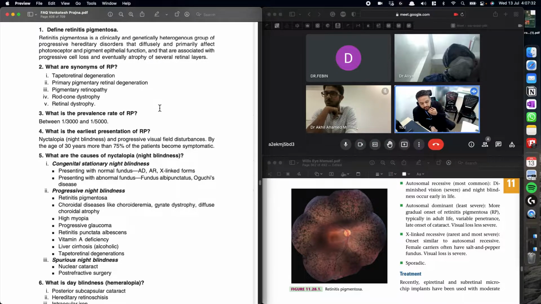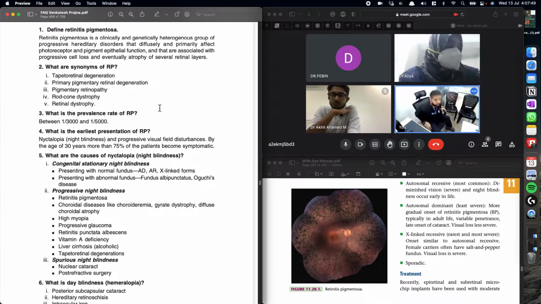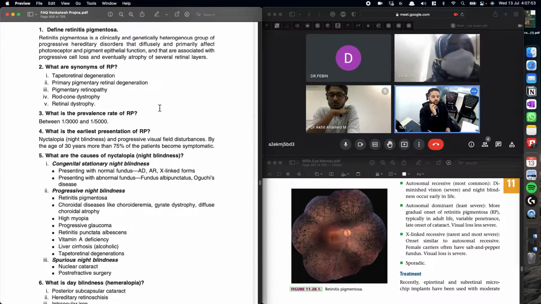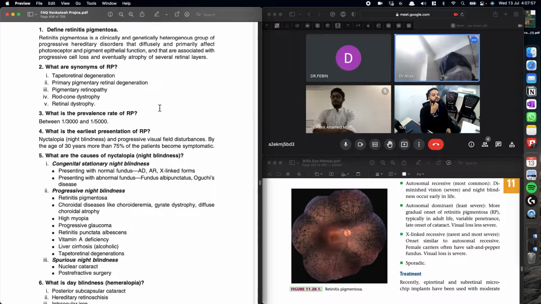What sort of symptoms and signs would you expect to have seen in this patient? What is the most cardinal symptom that you're supposed to see in retinitis pigmentosa?